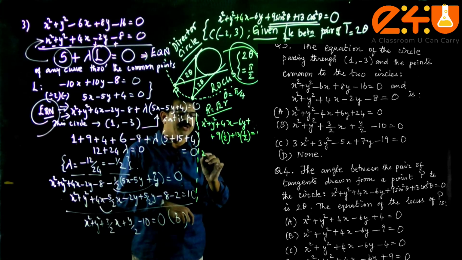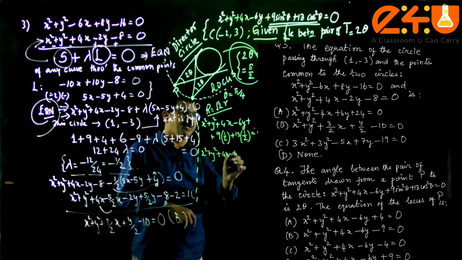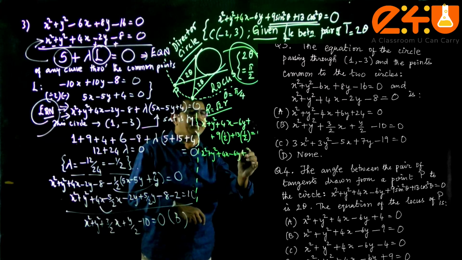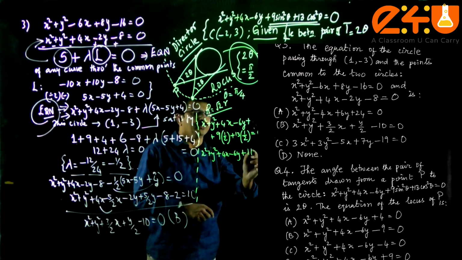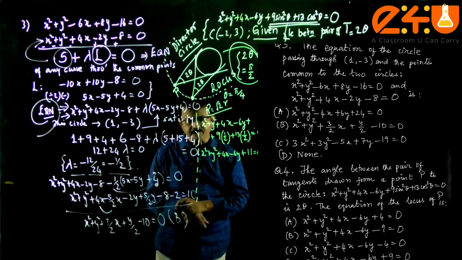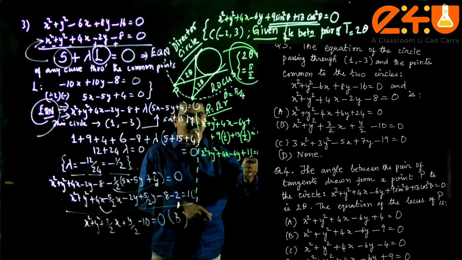Simplifying, 22 by 2 is 11. So it is x square plus y square plus 4x minus 6y plus 11 equal to 0.